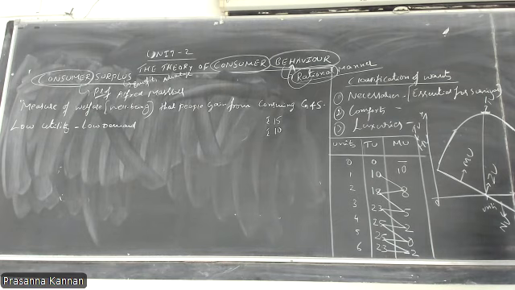Consumer surplus is the difference between, right on this point. Now I will tell you what exactly is consumer surplus. Consumer surplus is the difference between what consumer is ready to pay and what he actually pays for the commodity.